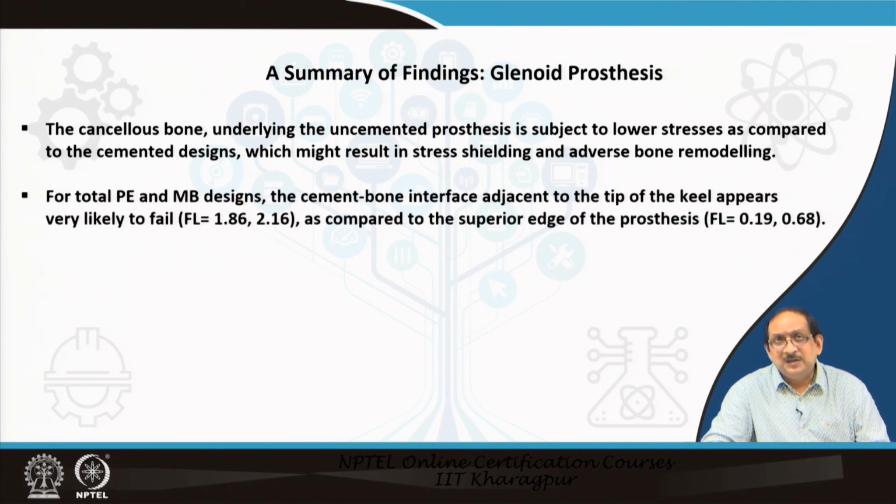For total polyethylene and metal back designs, the cement bone interface adjacent to the tip of the keel appears very likely to fail, with failure index values of about 1.86 and 2.16, as compared to the superior edge of the prosthesis, where we calculated values to be 0.19 and 0.68.